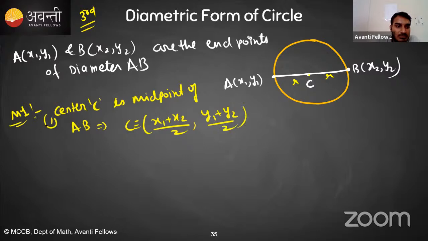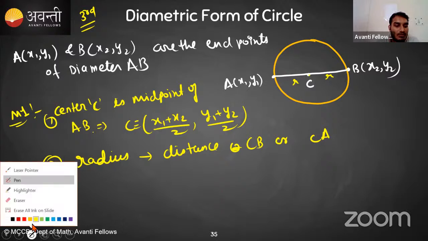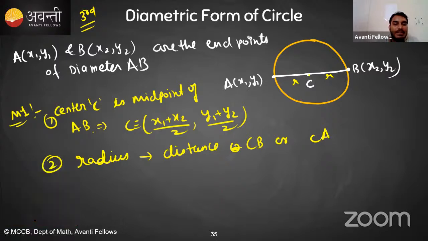This is the first step. The second step is that the radius is nothing but the distance CB or CA. Now that radius and center are known, we get the equation of the circle.